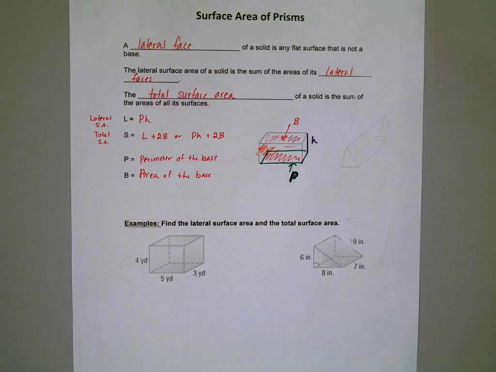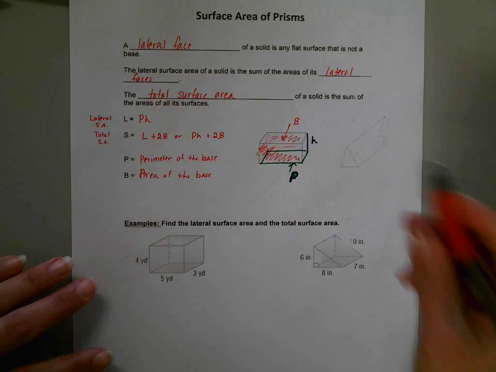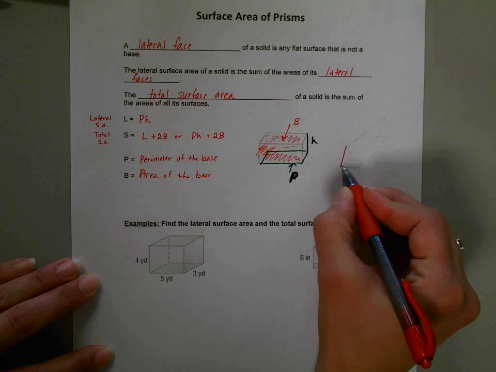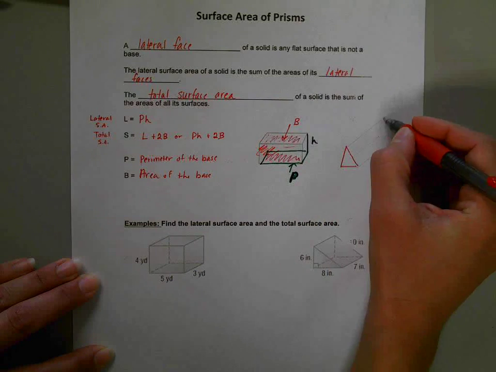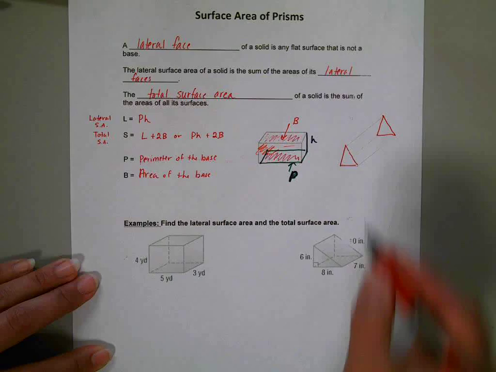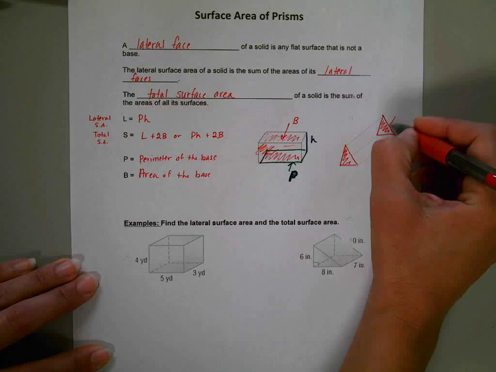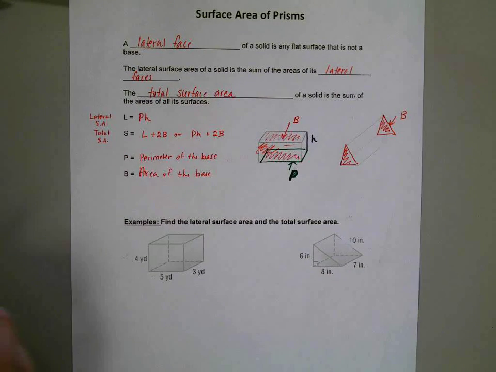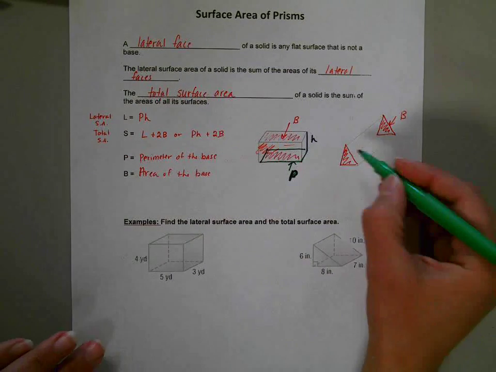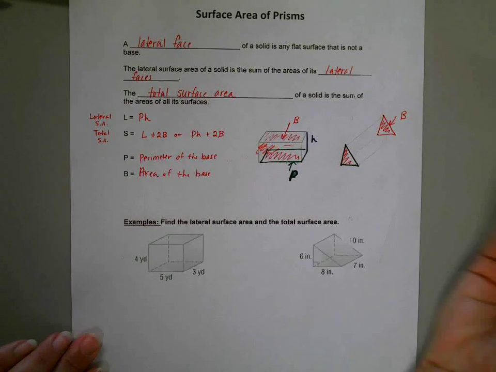Okay, let's look at the triangular prism. In a triangular prism, our base is a triangle. Always the triangle, because these are the two parallel congruent bases. So those are our bases, and that's the area of our base. So that would be our big B. Now perimeter is going to be all the sides of the triangle.